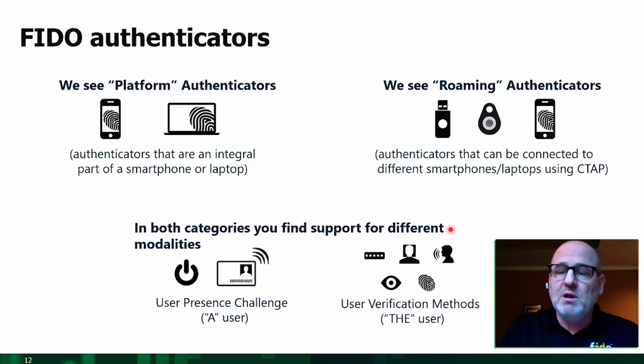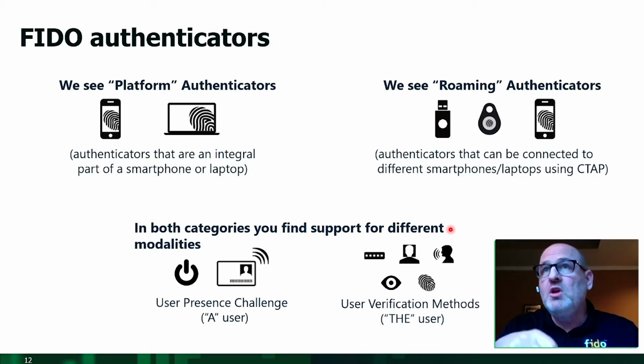So for example, if I have a USB authenticator, I can use it on my laptop to log into mybank.com just using the authenticator. And then I can go to my cell phone and use the NFC aspect of that same authenticator to log into mybank.com again without having to enter the password. So by having this roaming authenticator, it gives you the freedom to use the same key across multiple devices.